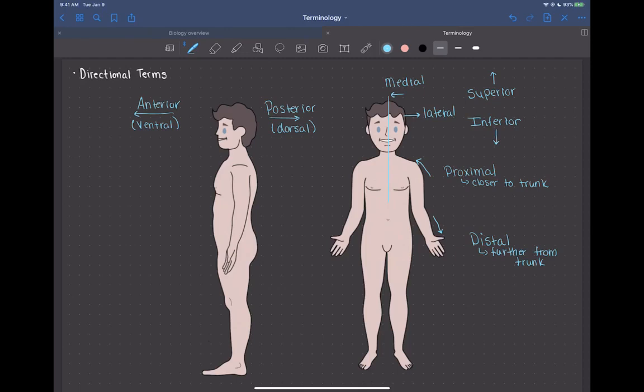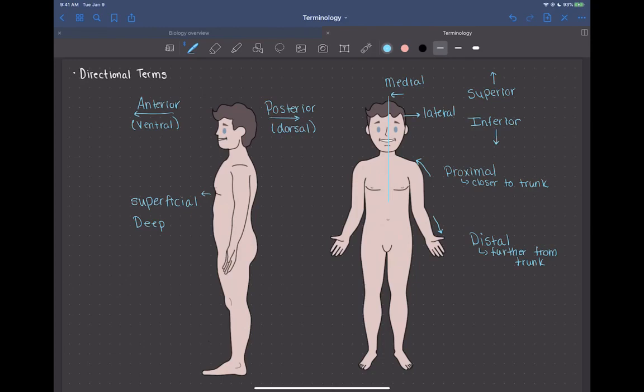Our last two terms are pretty simple. We have superficial and deep. Superficial just means closer to the surface, so the skin would be superficial to the muscle.